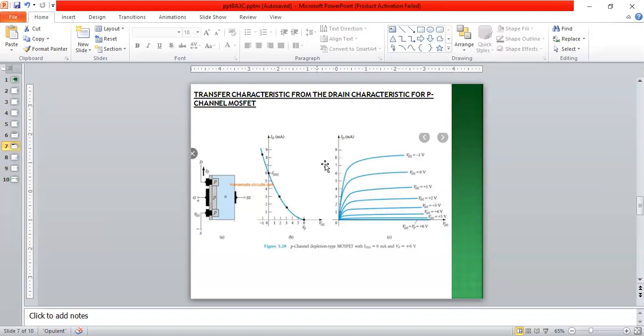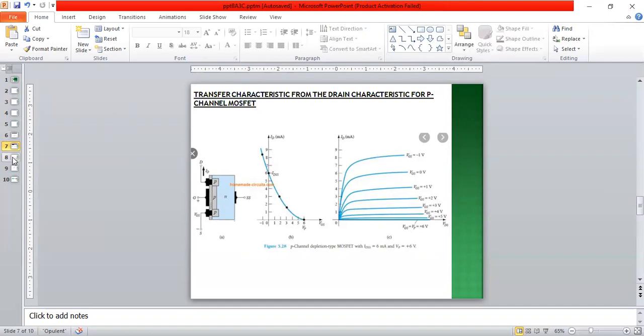We have to do the same things: draw some horizontal lines, find the points for corresponding VGS and ID, and then join the points and you will get the transfer characteristics curve from this drain characteristics of p-channel MOSFET.